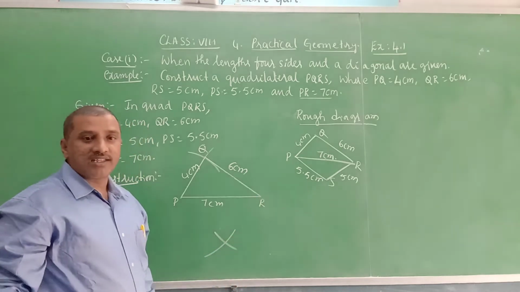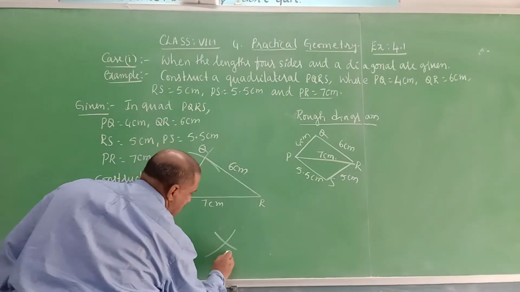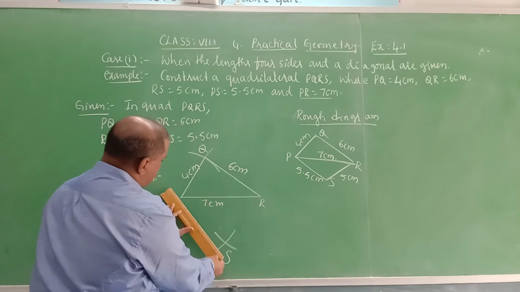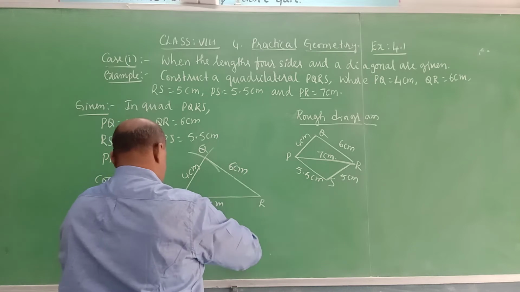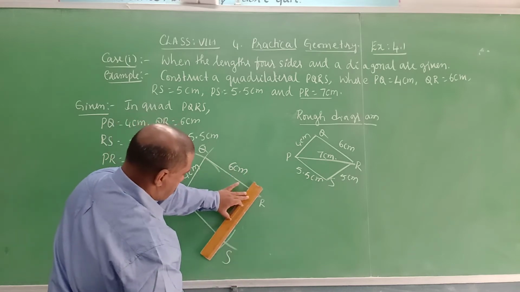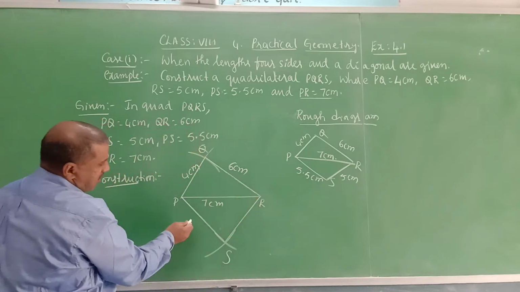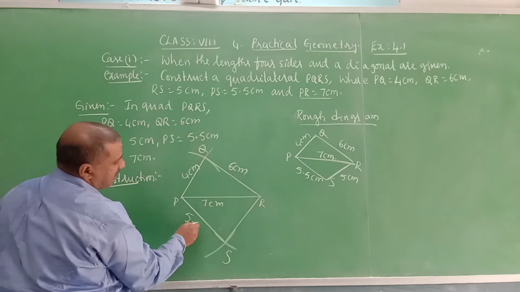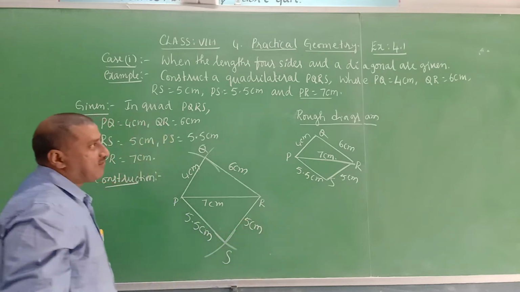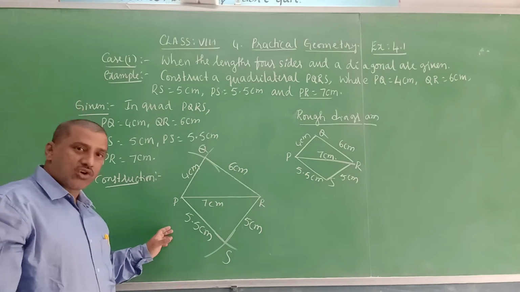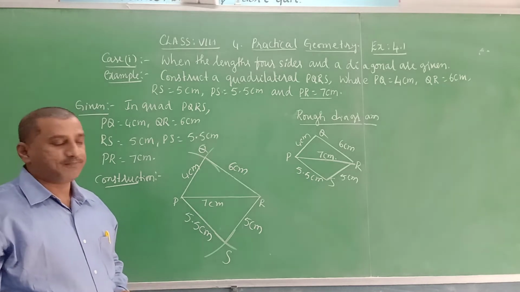Now both will intersect at a point. That point we will take as S. Now join PS and RS. This is 5.5 centimeters and this is 5 centimeters. Now this will give you the required quadrilateral. PQRS is the required quadrilateral.